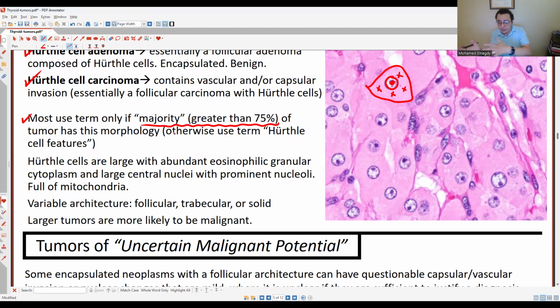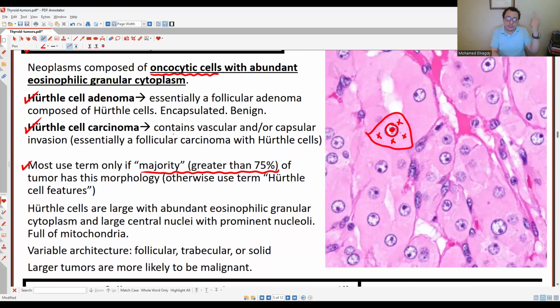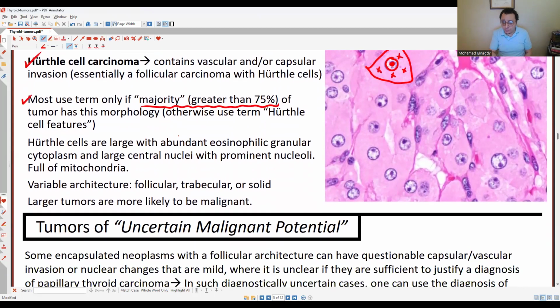To say it's a Hurthle cell lesion or Hurthle cell adenoma/carcinoma, you need more than 75% of the tumor cells having Hurthle cell features. Okay.